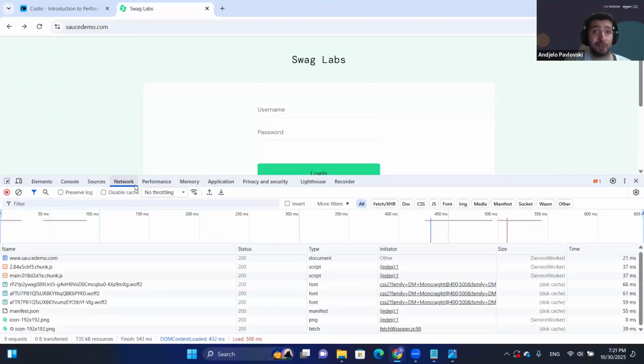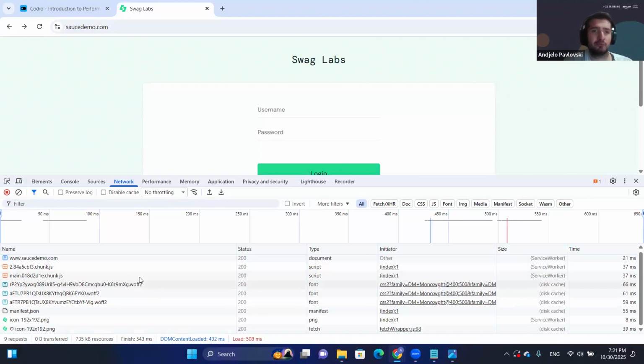I personally use the network tab for checking some stuff when there are some issues regarding performance or when we think it's something performance related, because again, you will see it here when I'm hovering, usually when there's an issue. And in addition to that, it's very intuitive when you find it because it usually is highlighted red. You see that there's an issue, you open it and it gives you the details there.